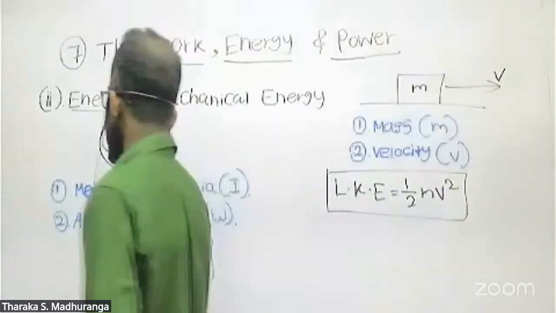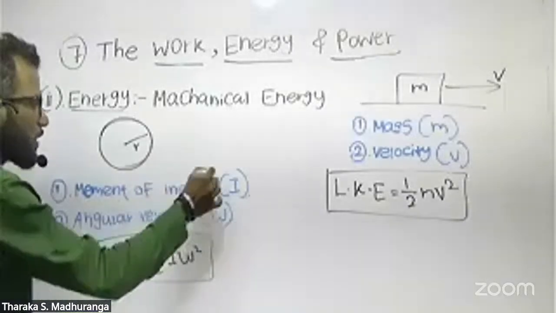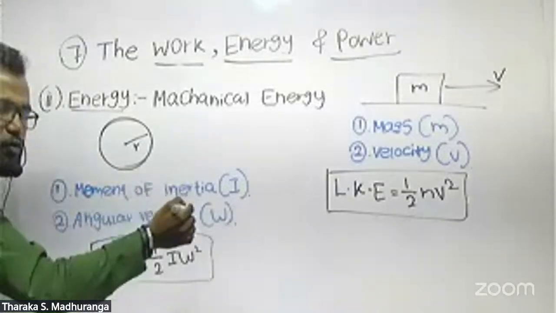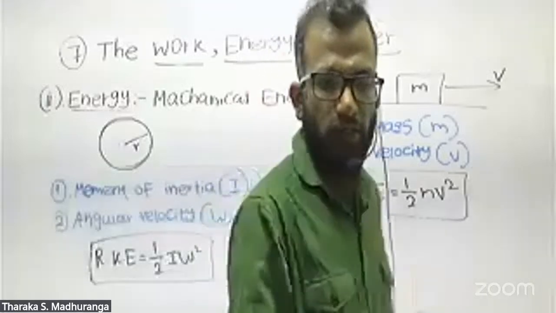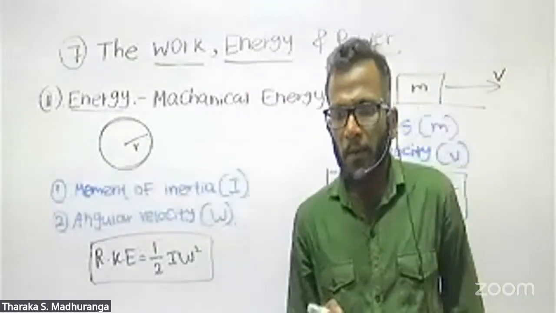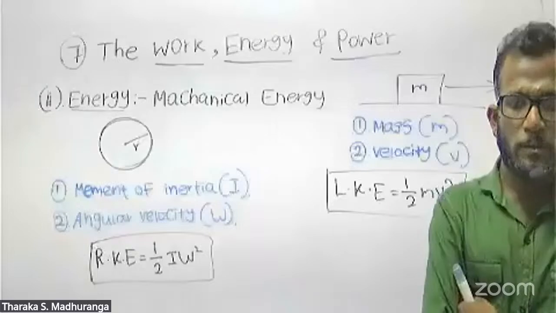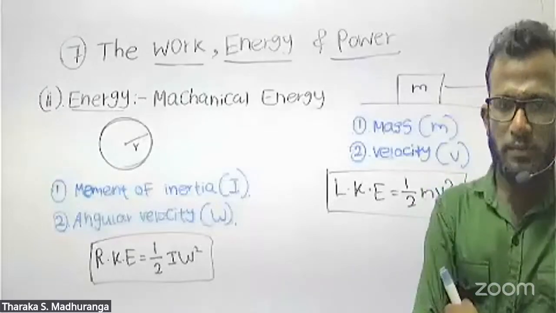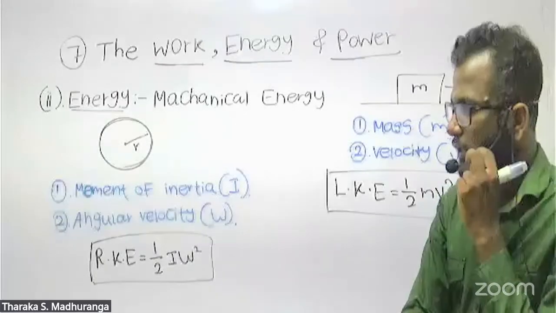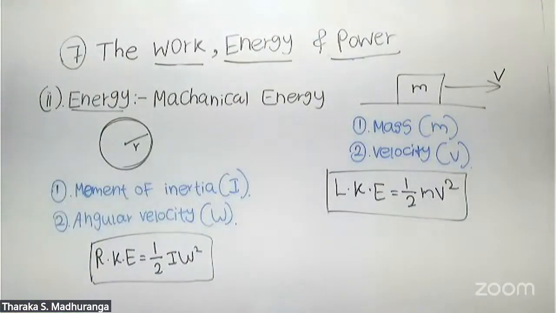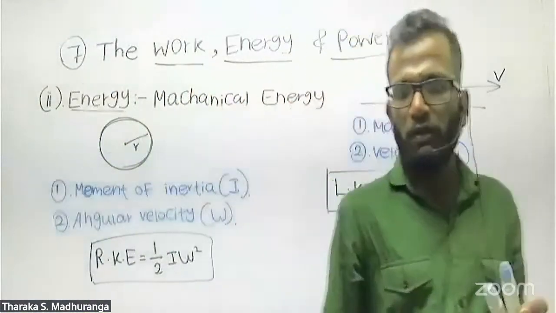Write down the first one: moment of inertia, it is capital I. The second one is angular velocity, it is omega.